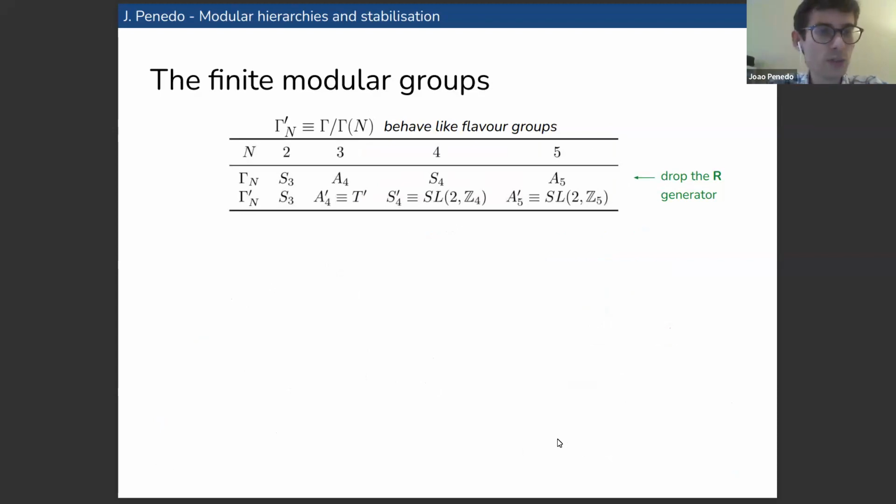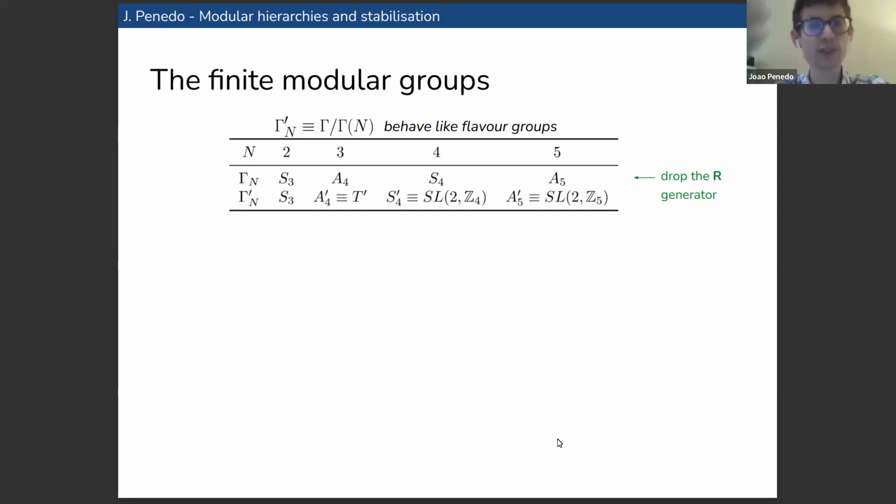So if n is 2, this gamma prime of n is S3, the permutation of 3 elements. If we have n equals 3, gamma prime of n is T prime. It's a double cover of A4. In fact, the second row is what you get from the previous slide. If you just forget about the R generator, the groups you get are even simpler.